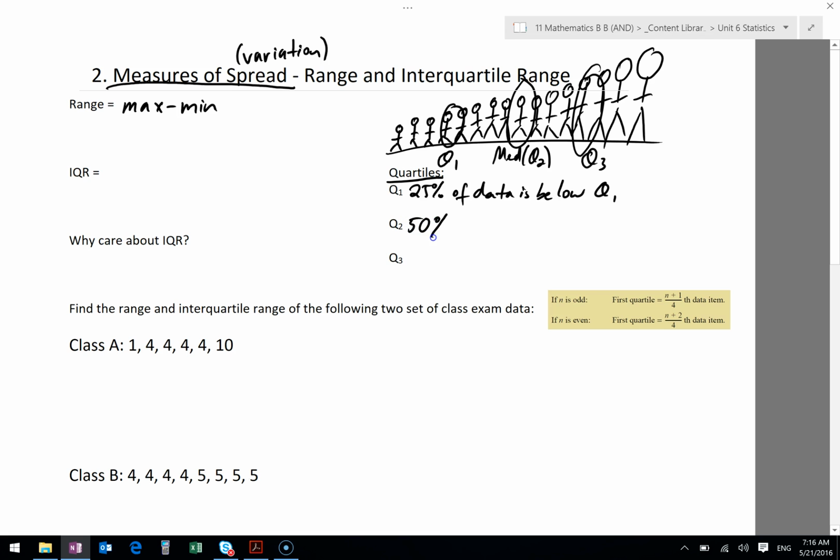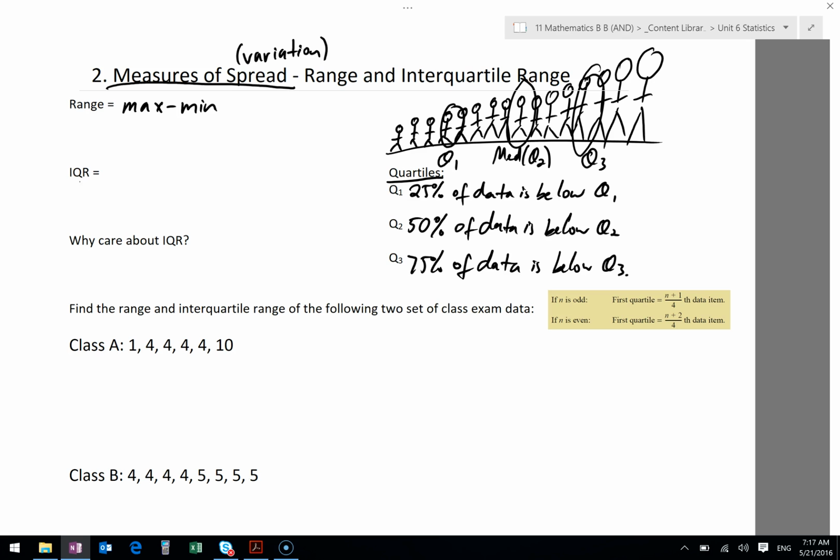For Q2, or the median, 50% of the data is below Q2, and for Q3, 75% of the data is below Q3. So if someone says you're in the first quartile, you'd be like, oh, that's no good. There's 3/4 of the class that are taller than me.